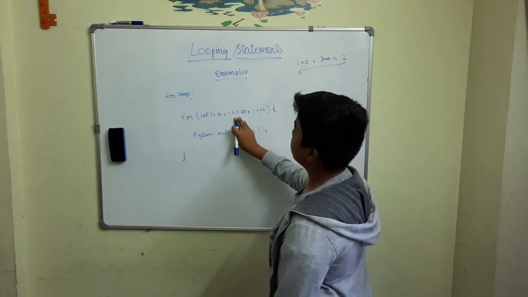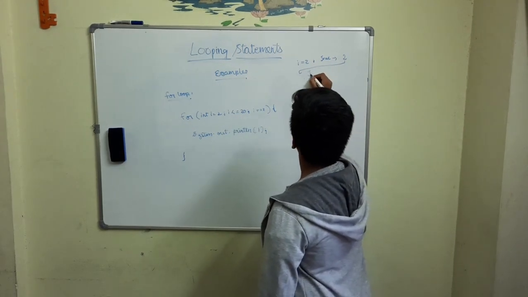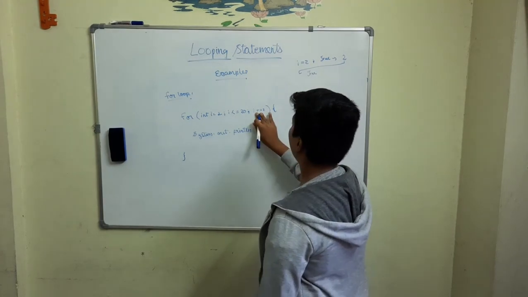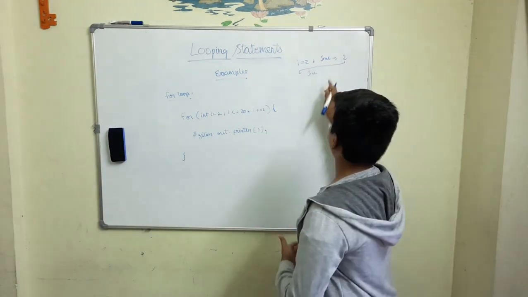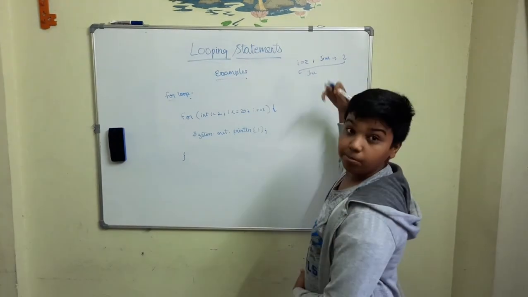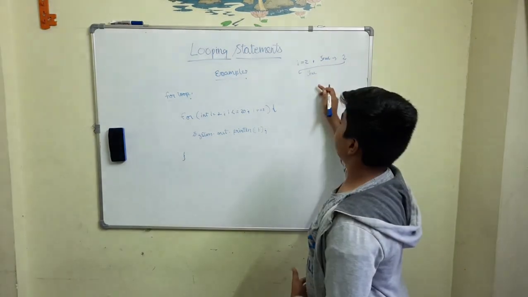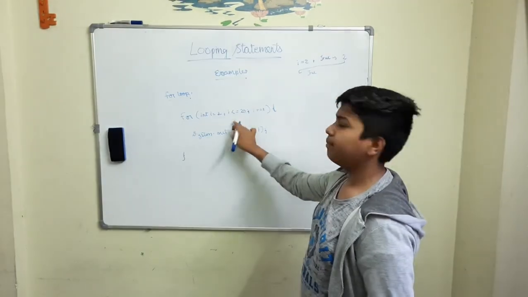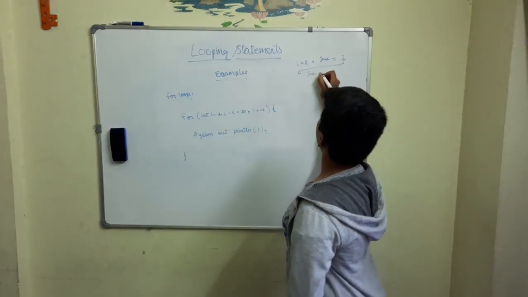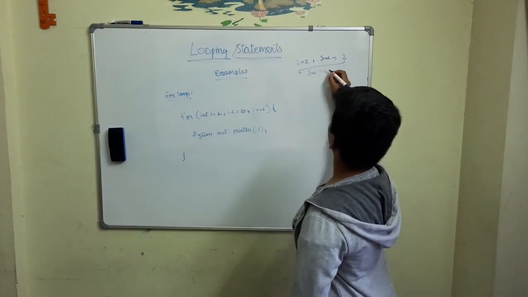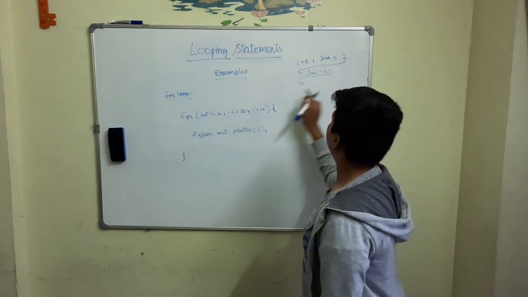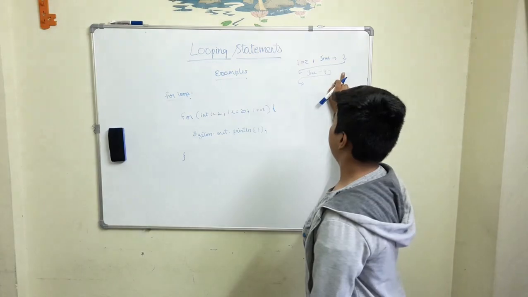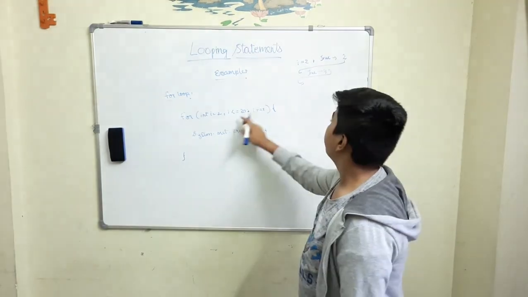It checks i is less than 20, true. After it's incremented, it becomes 4, because after printing 2, it increments it by 2 again. So 4 is less than 20, true. Then it prints 4 and goes back and starts again. It checks the condition, 4 is incremented by 2, 6 is less than 20, true.